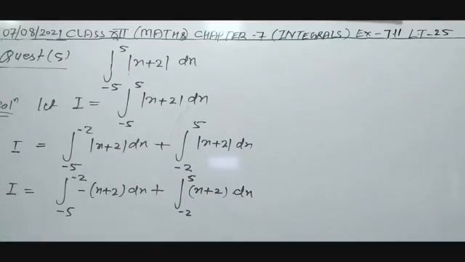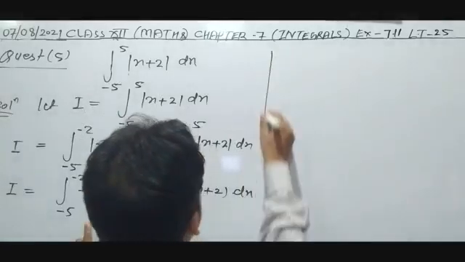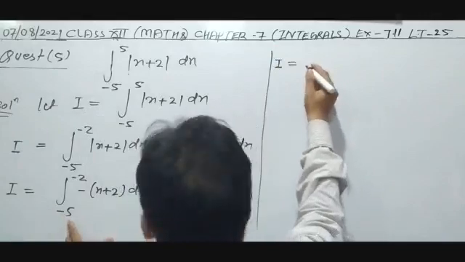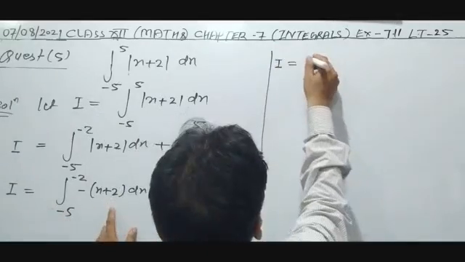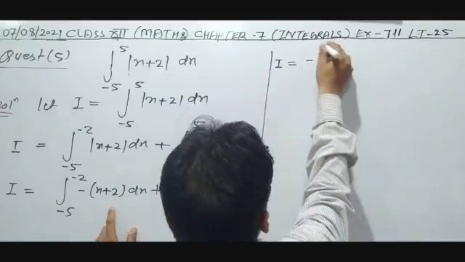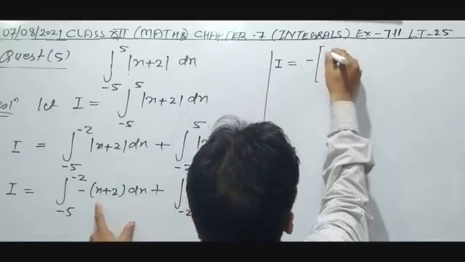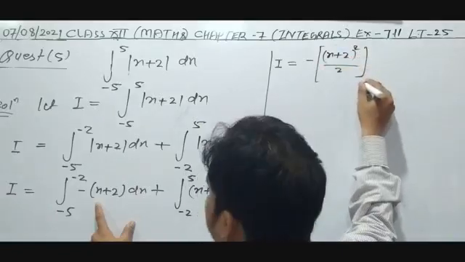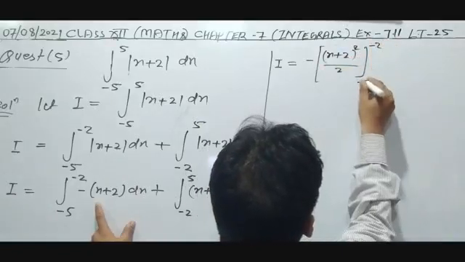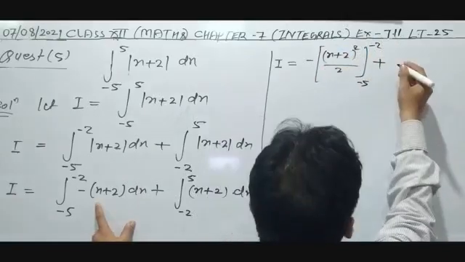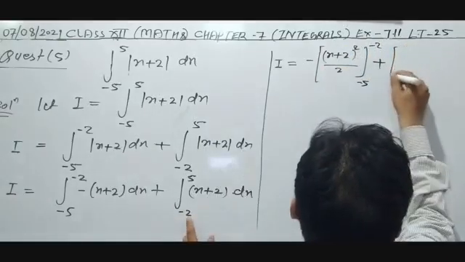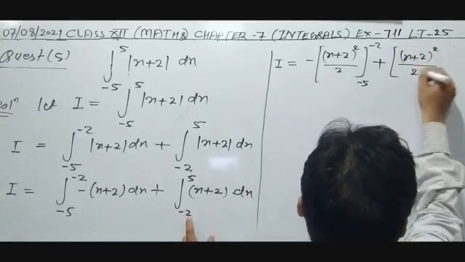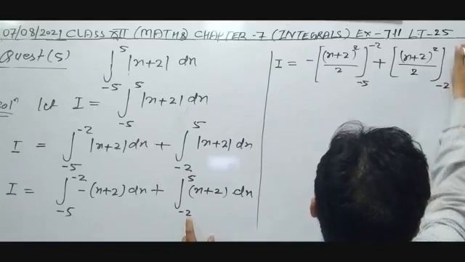When you integrate, I is equal to minus of (x plus 2) whole square by 2, with upper limit minus 2 and lower limit minus 5, plus (x plus 2) whole square by 2 with limits minus 2 to 5.